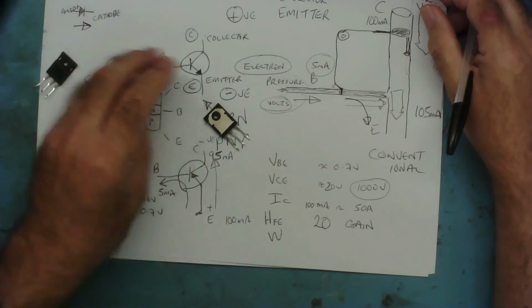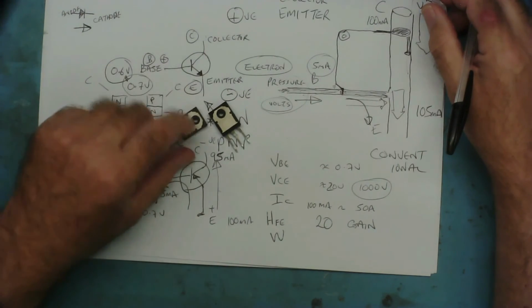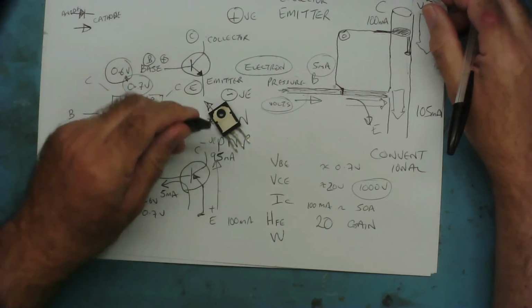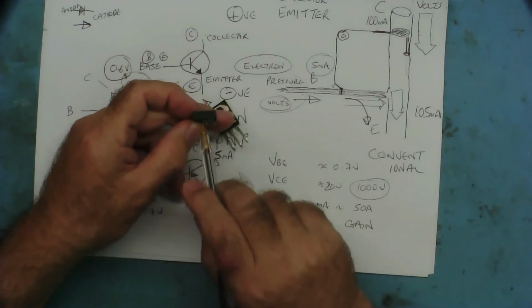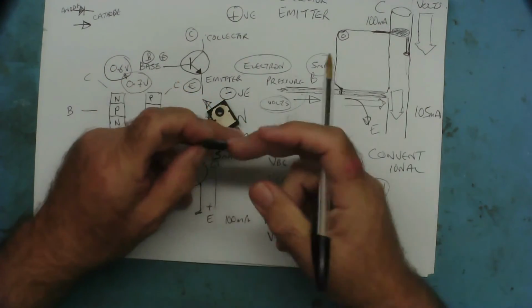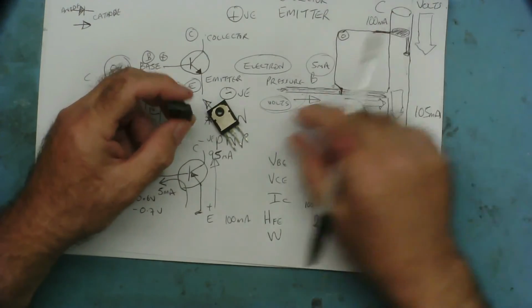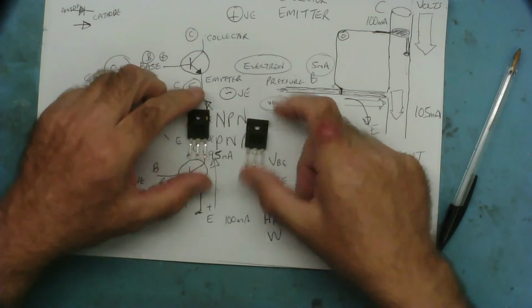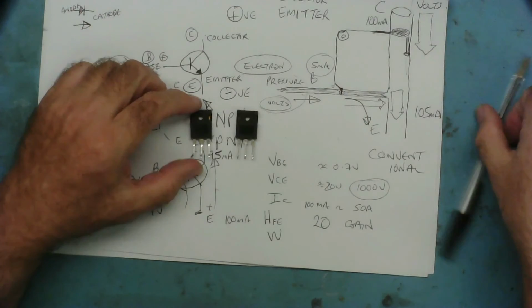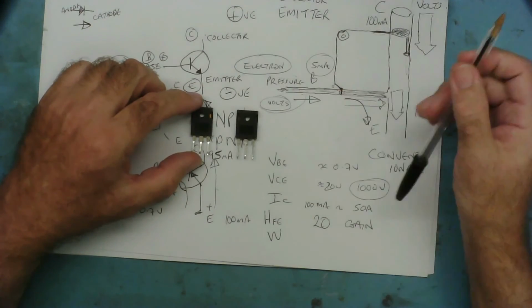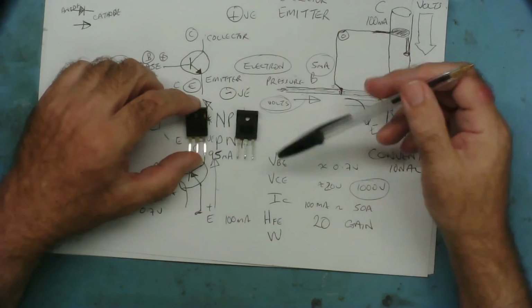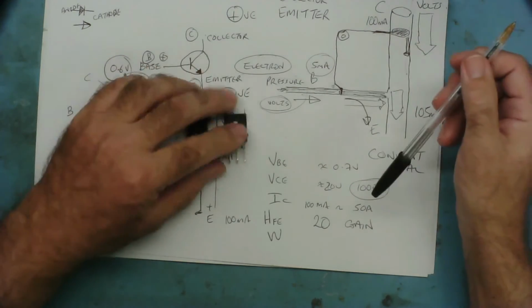These big transistors often have a metal tab on them, and the metal tab is designed to bolt to a heatsink. So you put a bolt through here into a heatsink, and it's often quite a large heatsink, sometimes even with fans on them. So these transistors are designed to dissipate a high wattage, and you'll often find it'll give you the rating without cooling and sometimes with cooling as well.